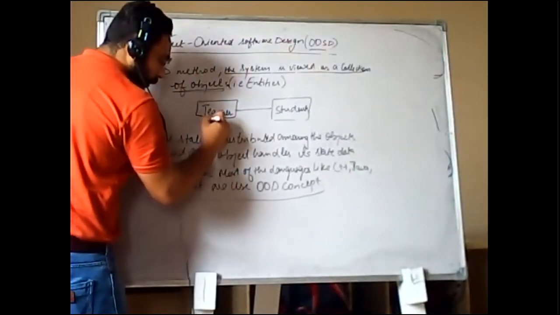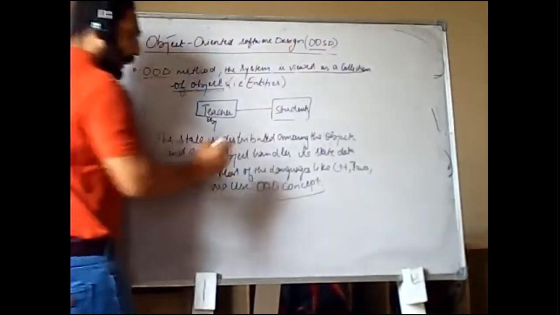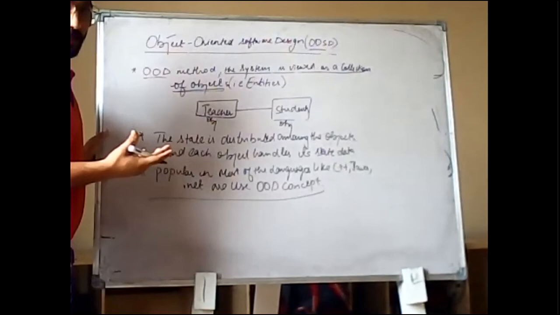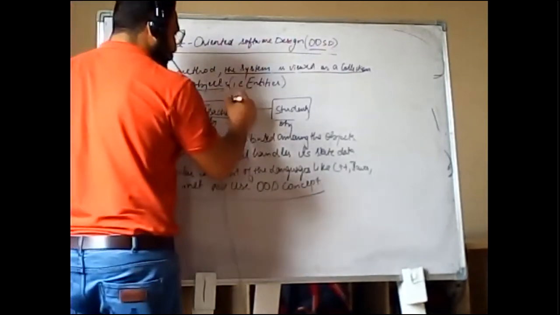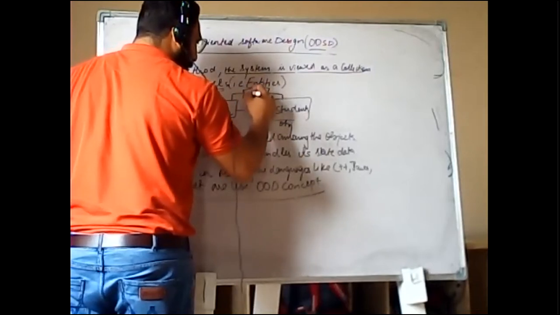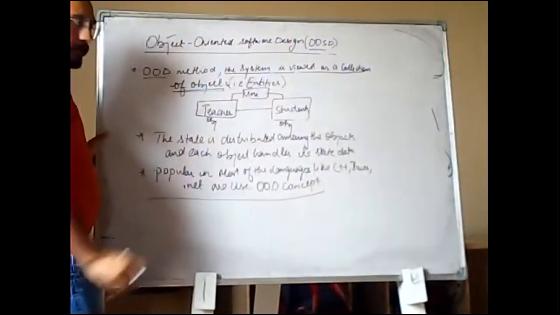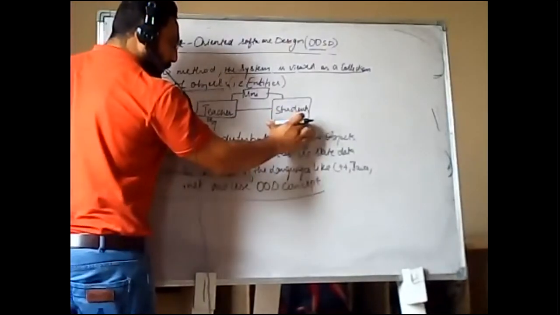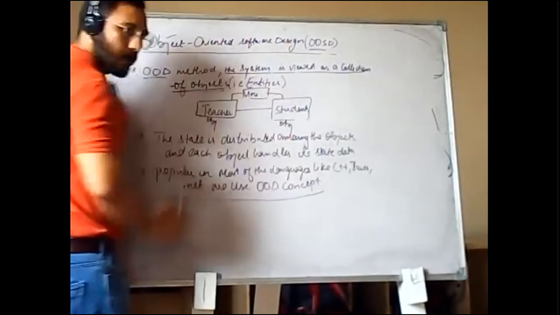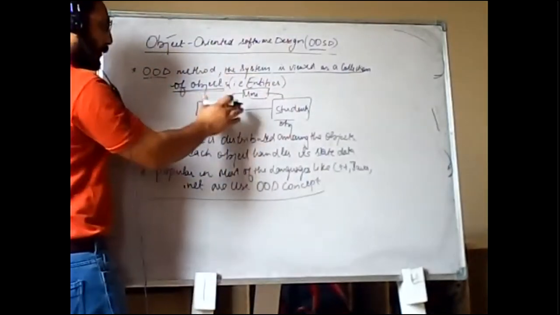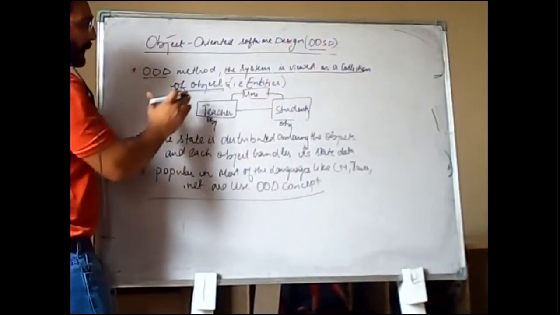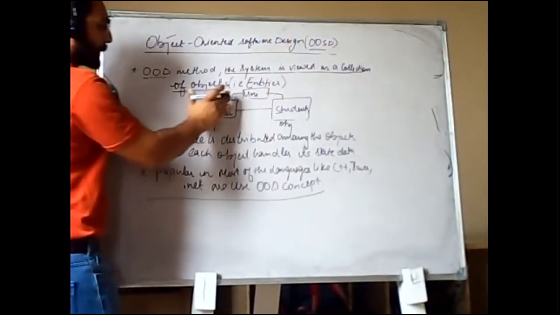The teacher is an object, and the student is also an object of the university. Of which class are they objects? The university class.